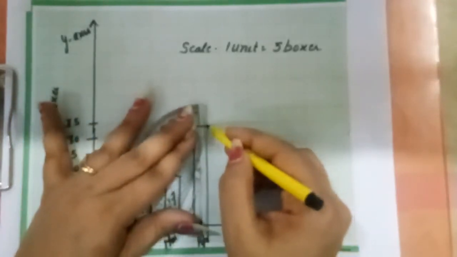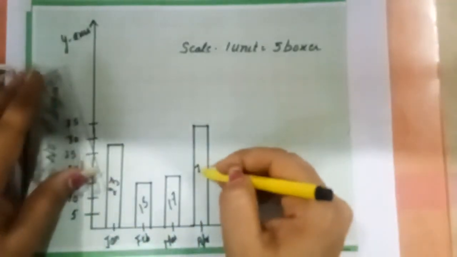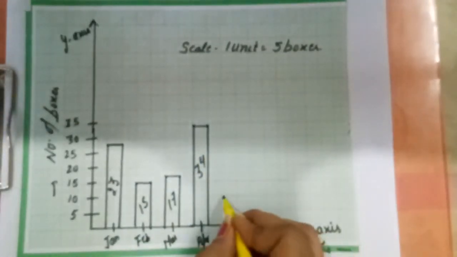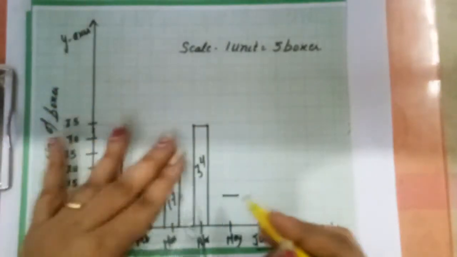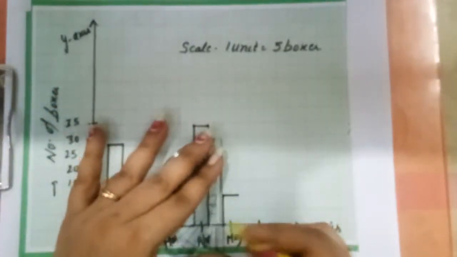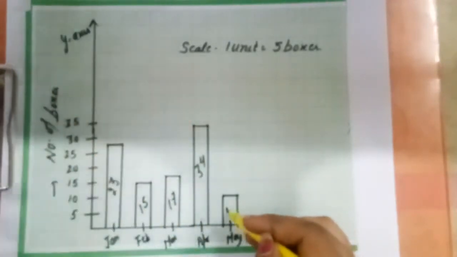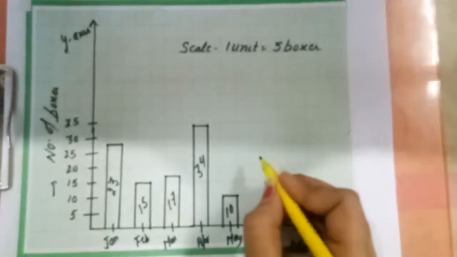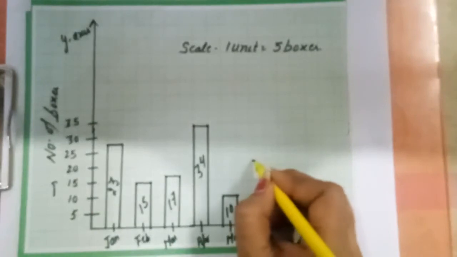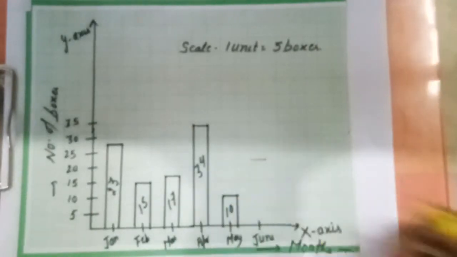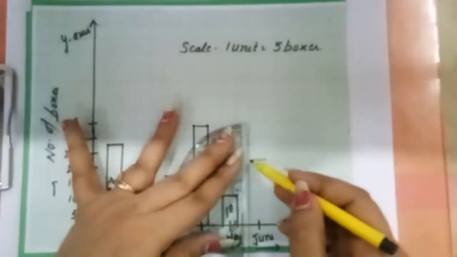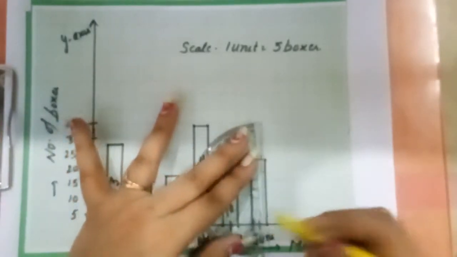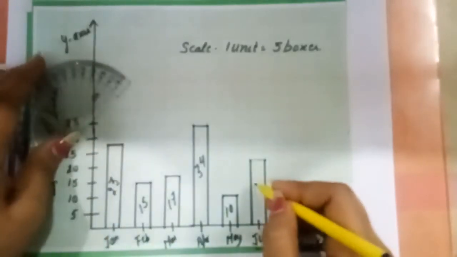So in April, 34 boxes were sold. Next we have 10. So in May we have 10 boxes. And next is 22. 22 means here. So now we can join it. So this way you can plot the information on a graph.